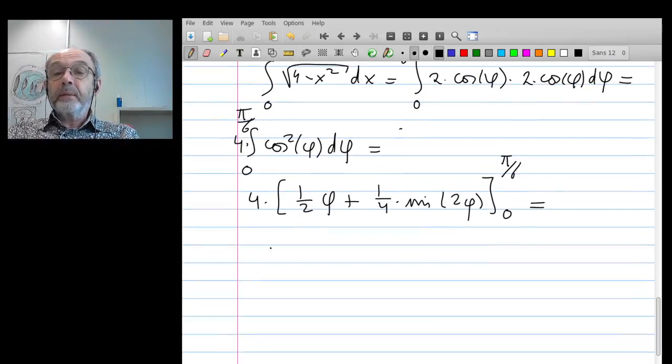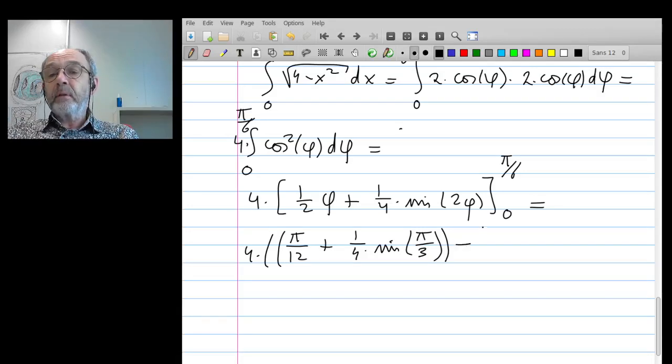And what does it give to us? It gives us 4 times, and then we have pi divided by 12, plus 1 over 4 times the sine of pi divided by 3. That is the upper bound I have filled in, and then the lower bound I have to subtract, so I get 1 over 2 times 0 plus 1 over 4 times the sine of 0.